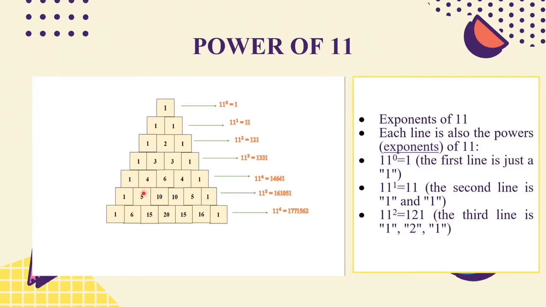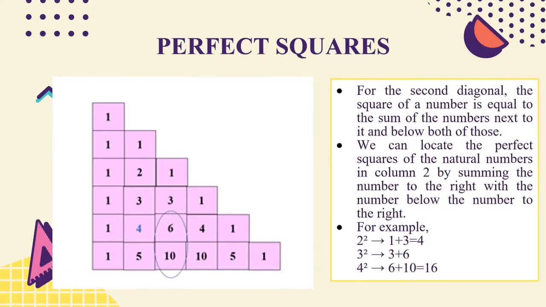Then if we carry 1 to 5, it will become 6. So, the result is 161,051. The same thing happens in 11 raised to 6, which is 1,771,561.